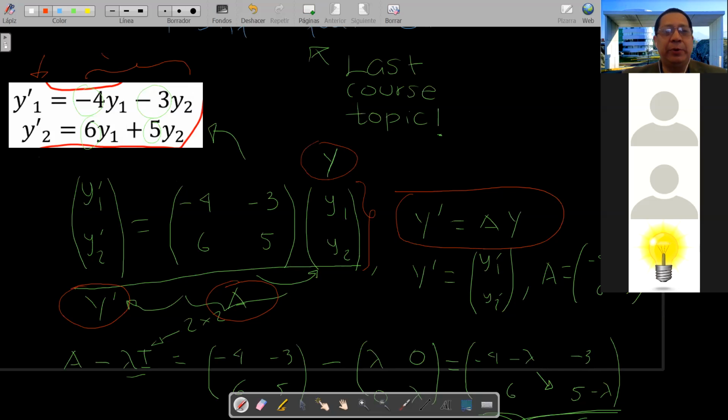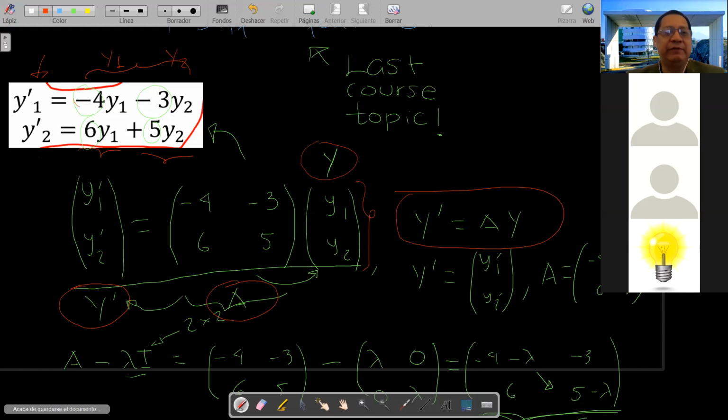In this case, we have the y1 term first and then the y2 term in both equations.